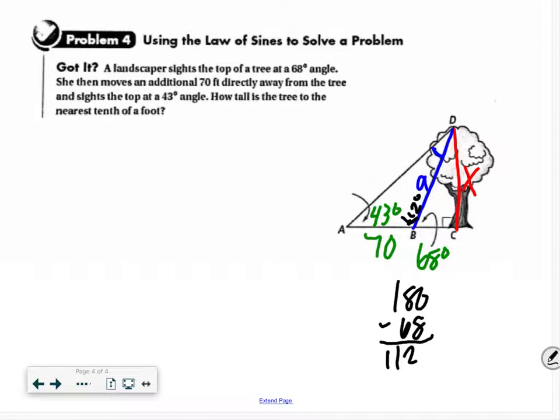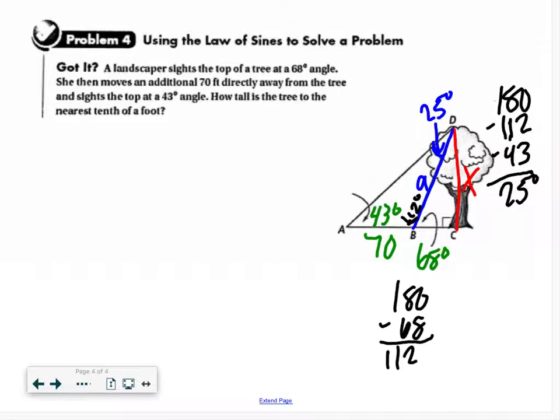The angles have to add up to 180. So I got 180 minus our 112, this angle, minus our 43, and I get 25 degrees for my blue angle. So up here, I got this to be 25 degrees.